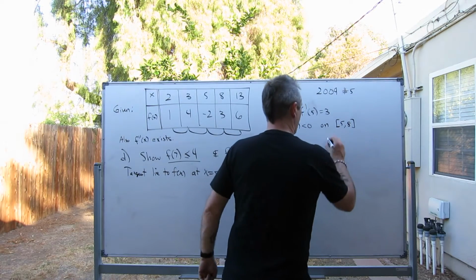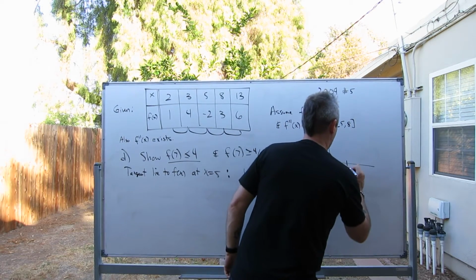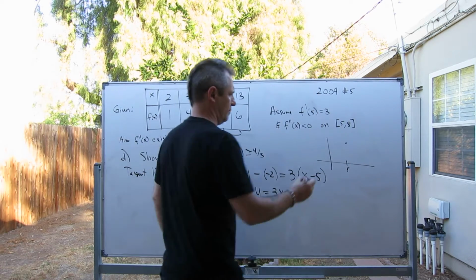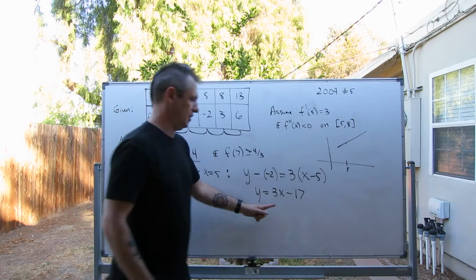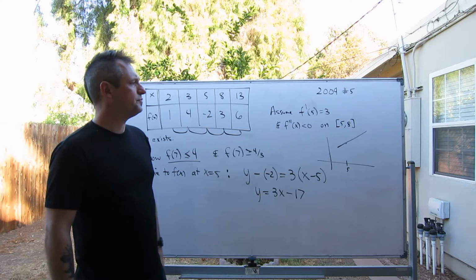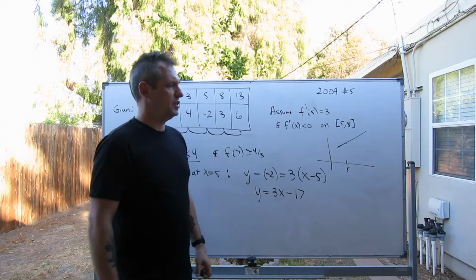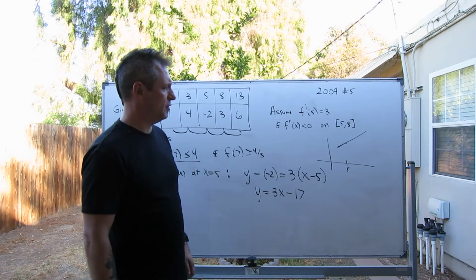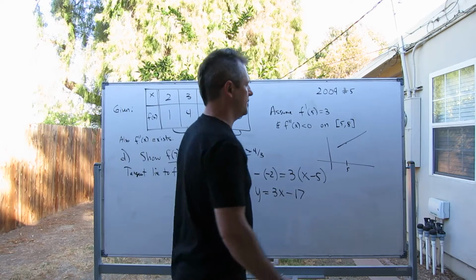So if I were making a graph of f, here we are at 5, and we've just figured out our tangent line looks something like this. There's our tangent line. It's got a positive slope, but there it is. Now, what do we know about this function? We know that this function is concave down on this interval.